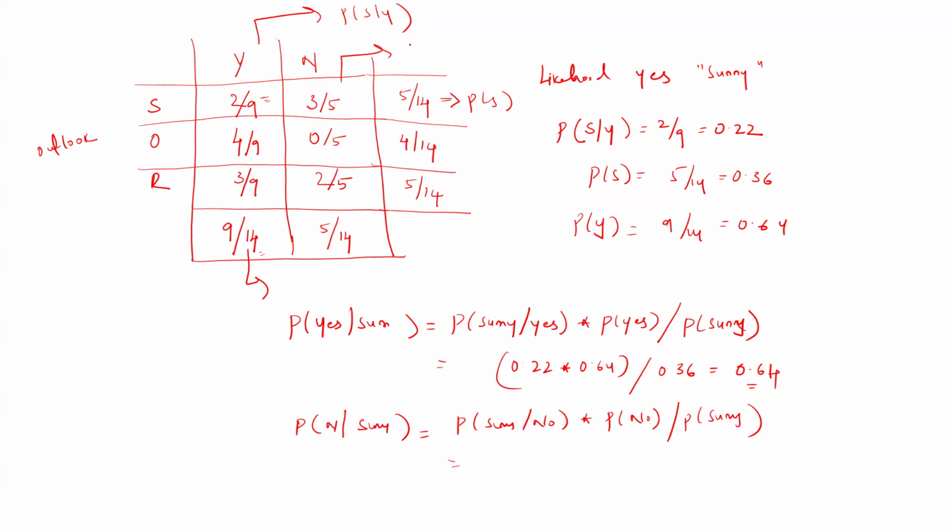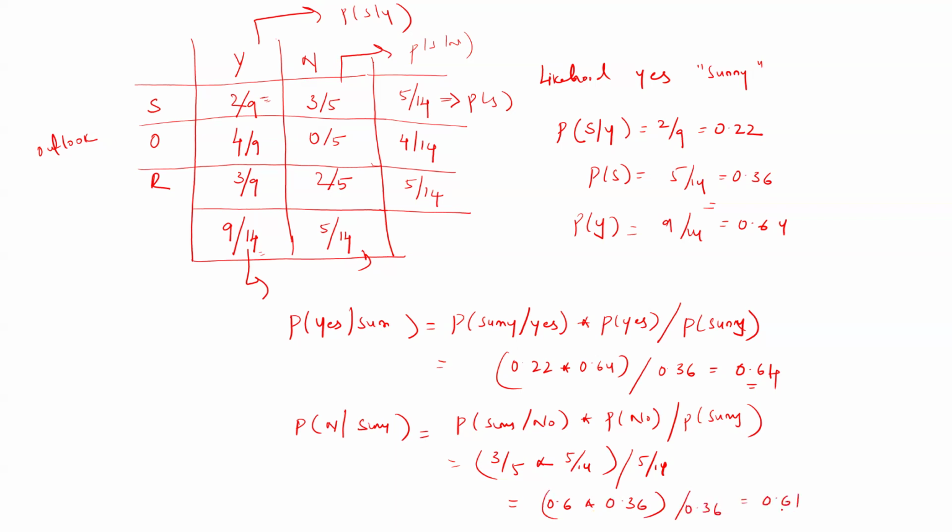So probability of sunny given no is given by this value, that is 3 by 5, into what is the probability of no? It is 5 by 14, divided by what is the probability of sunny? As we found out already here, it is 5 by 14. That is the same value, 5 by 14. Now when you multiply, you are going to get 0.6, 0.36 divided by 0.36.